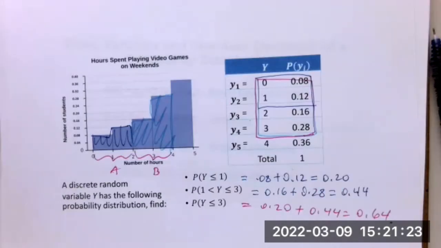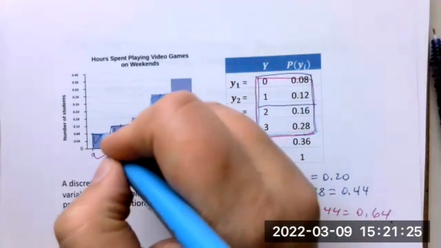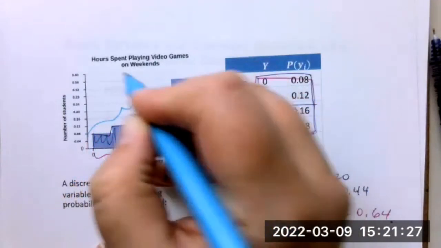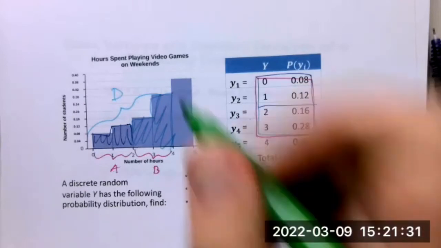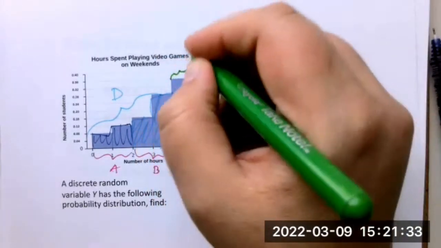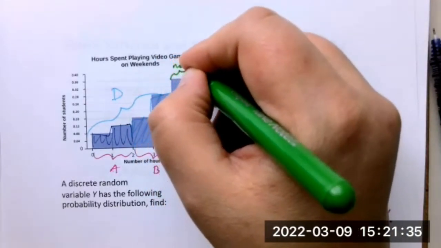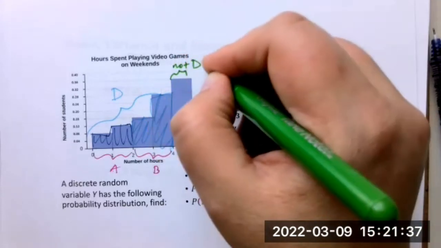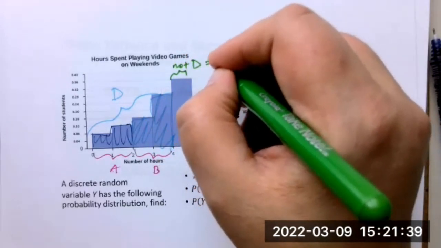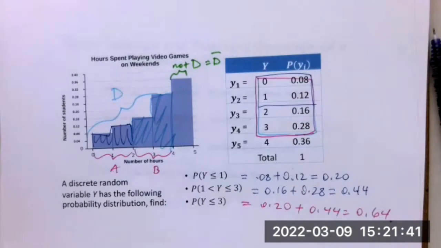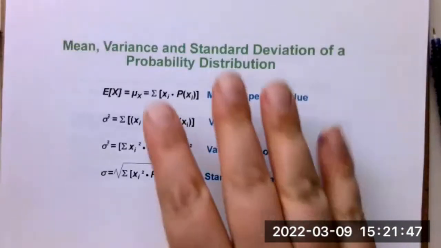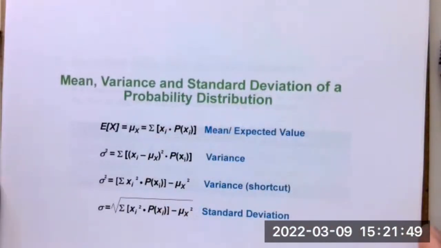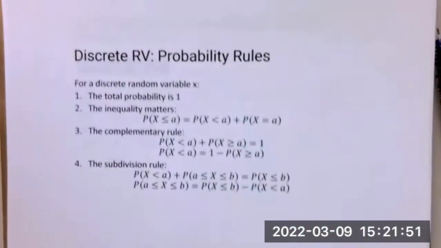Let's take it one step further. If we call this event D, then this bit of it is going to be not D, or D with a bar, the complement of D. This is how it all works, and we have our probability rules right here.